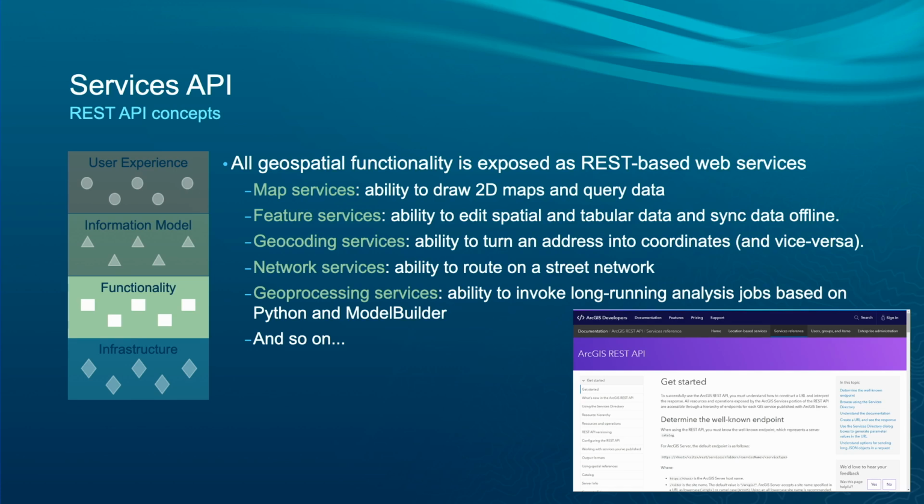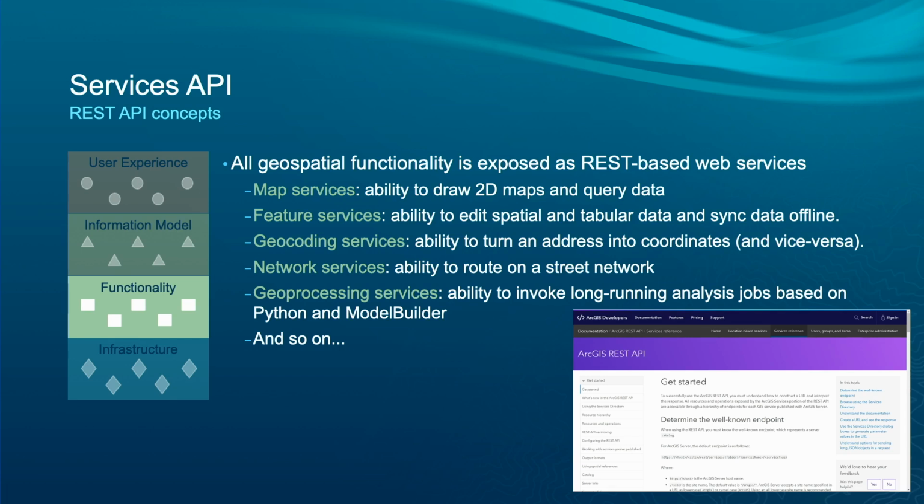That's also when you could be editing as well, whether that's creates, reads, updates, deletes of that data. Geocoding of address locators, network services being able to route on a street network, geoprocessing services. So this can be for analysis jobs based on Python or Model Builder. These are just 5 examples of services that you can have in ArcGIS Server, ArcGIS Enterprise, and there are way more than this.